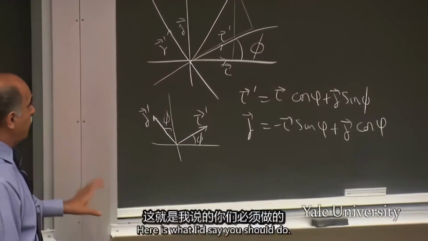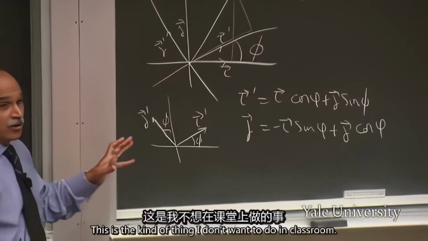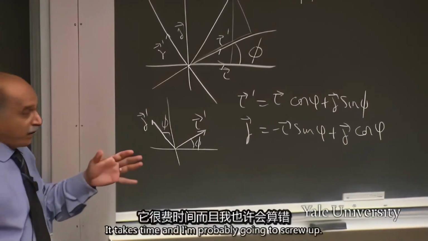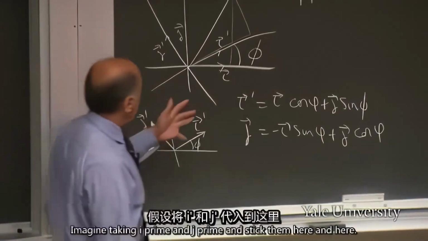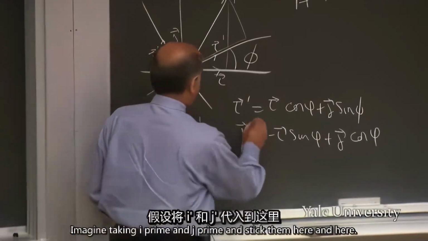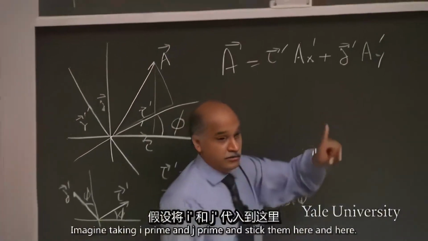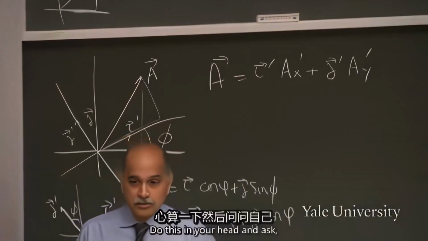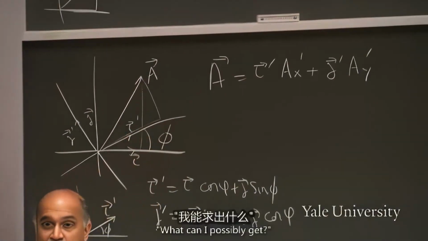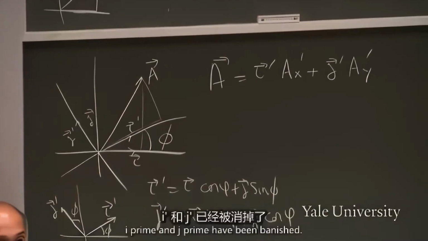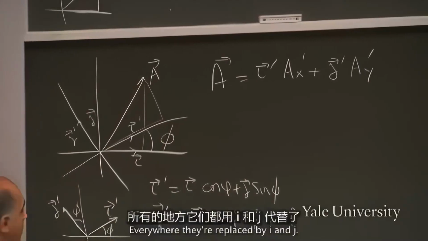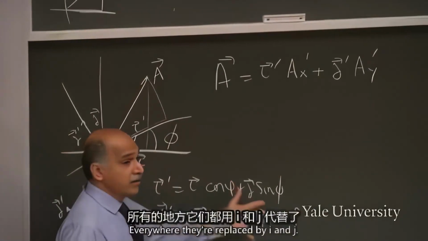Now here's what I say you should do, and this is the kind of thing I don't want to do in the classroom. It takes time, and I'm probably going to screw up. So imagine taking i prime and j prime and sticking them here and here. Do this in your head and ask, what can I possibly get? i prime and j prime have been banished. Everywhere they're replaced by i and j.